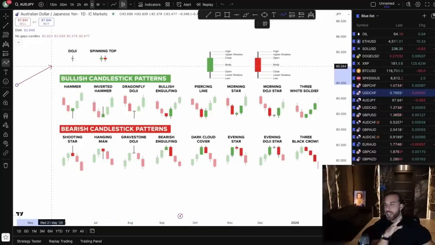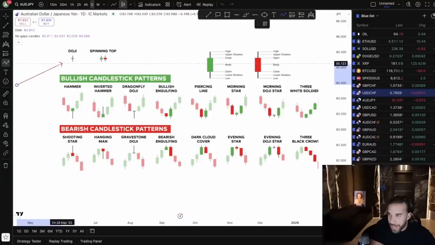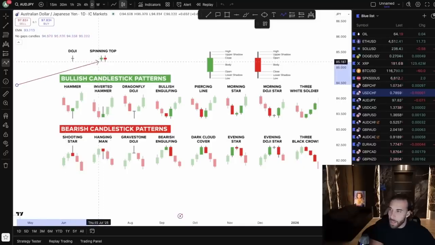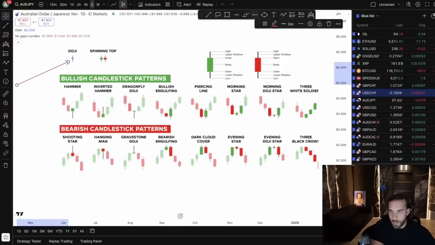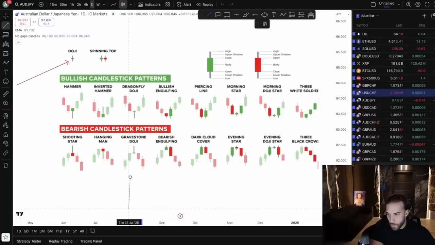One of the main reversal candlestick patterns is going to be a doji and a spinning top. A doji makes it very obvious that there's a lot of indecision in the market. Both of these are indecision in the markets, but a full doji is a much clearer indecision. A doji is when the market basically closes as a cross or a plus sign, however you want to see it.